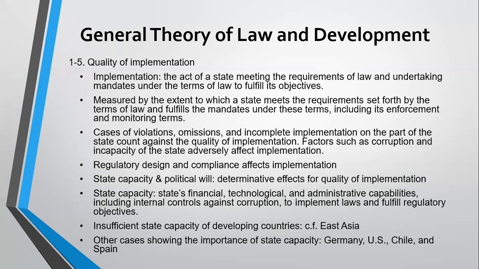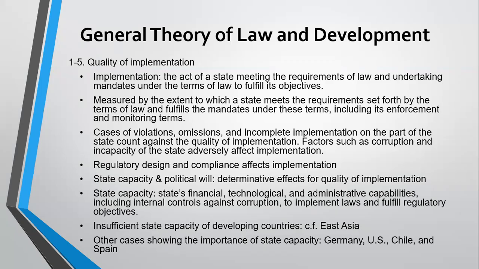The third major analytical category for the assessment of the impact of law would be quality of implementation. Implementation is the act of the state meeting the requirements of law and undertaking mandates under the terms of law to fulfill its objectives.